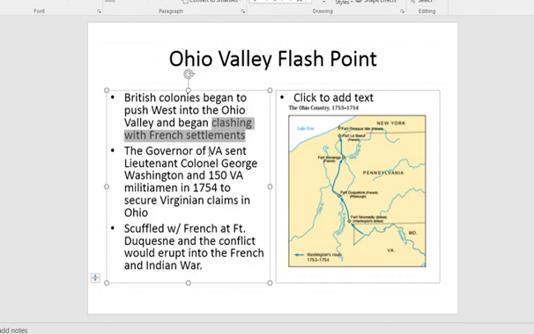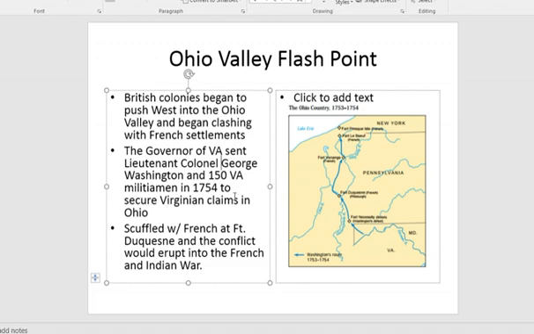The governor of Virginia is going to send Lieutenant Colonel George Washington and 150 Virginia militiamen in 1754 to secure Virginian claims. Virginia is right down here. The state's borders were not set at that time. So basically, Virginians are going into the Ohio River Valley to try to claim some land for themselves. And they want to push in and basically expand their land holdings.